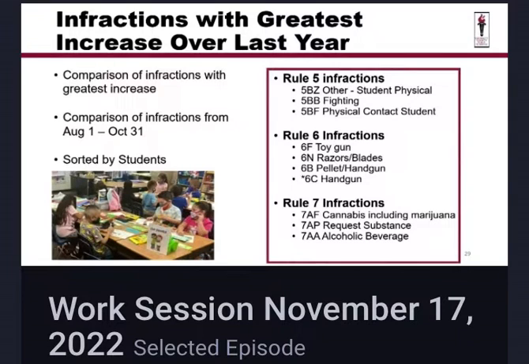Now, data are just numbers unless we can turn those numbers into contextual information. And so although these are the top 3 for each major rule violation displayed at the end of October, this does not mean that these are the most frequently violated rules this year.